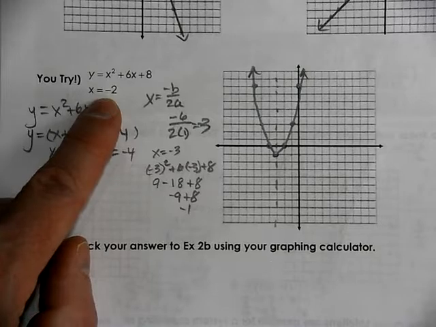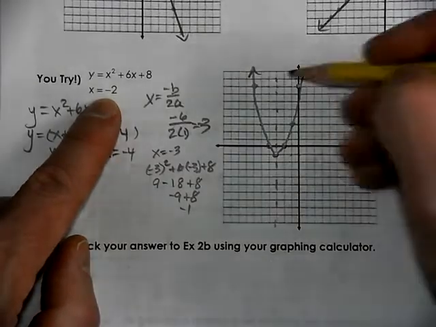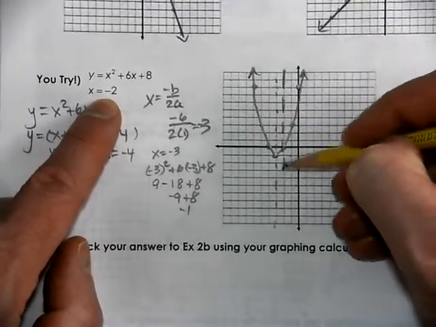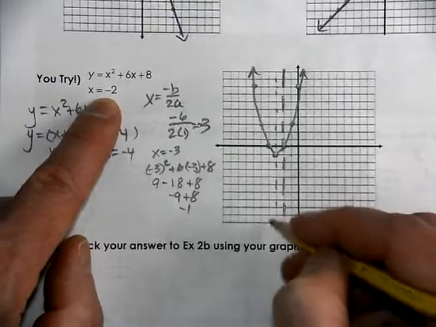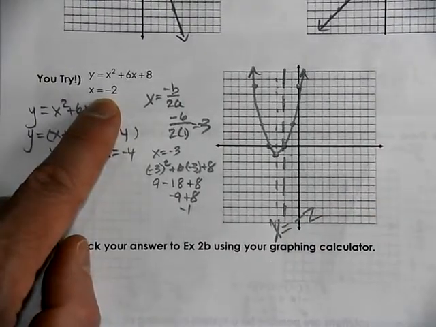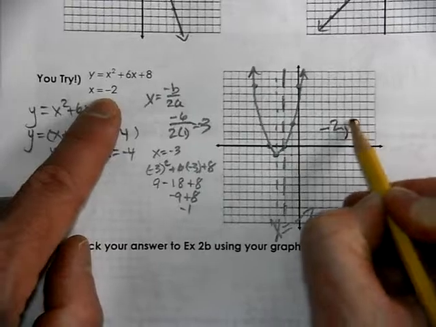We have this line, x equals -2. X equals -2 is a line that crosses the x-axis, and we see that that's going to cross at (-2, 0).